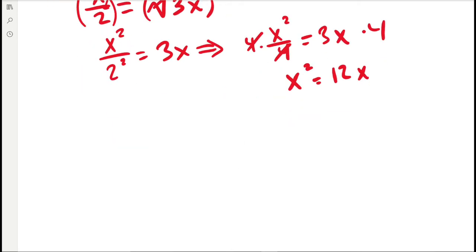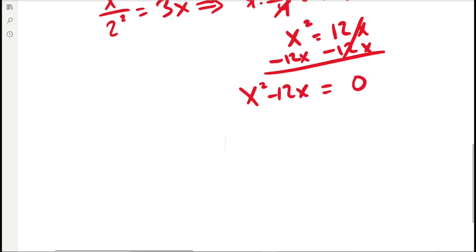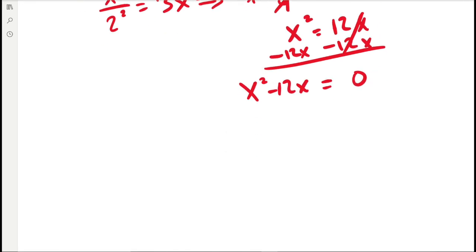Now this is quadratic, so I'm going to move this over to the side with the x squared so that I have 0 on one side. And I can't factor this using the x table because I only got 2 terms. So I'm going to go ahead and pull out what they have in common. They got an x in common. So x times x minus 12 equals 0.